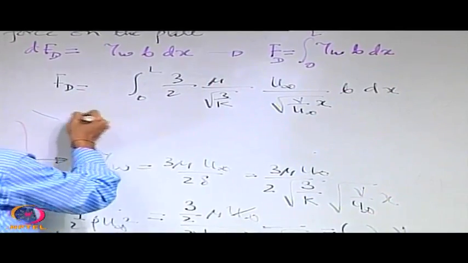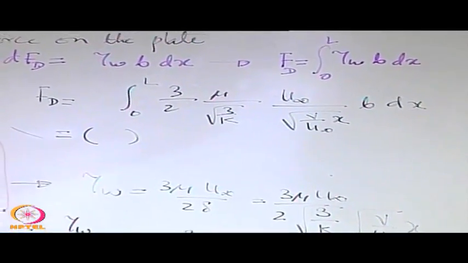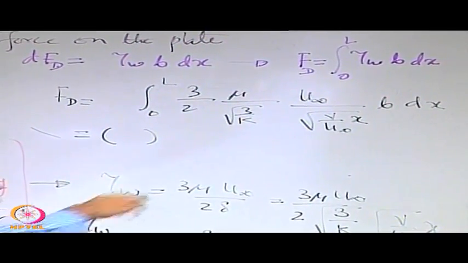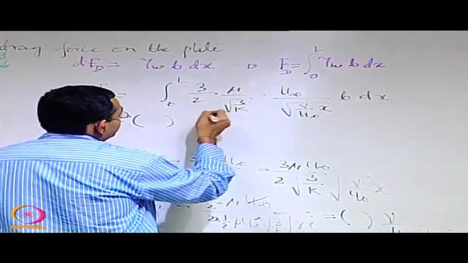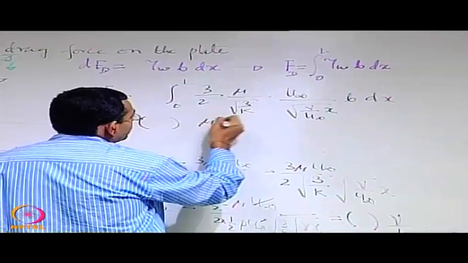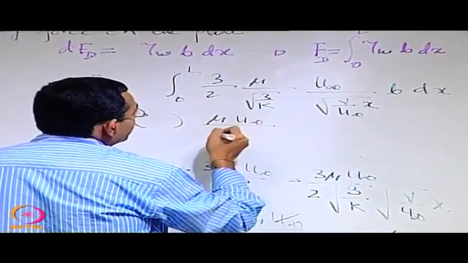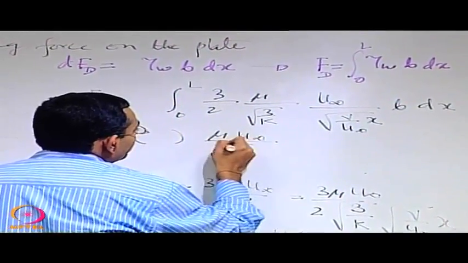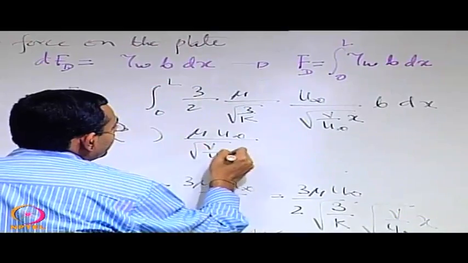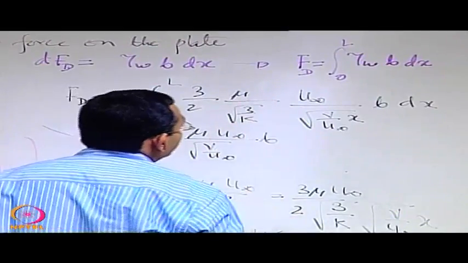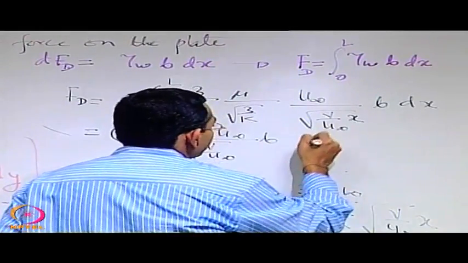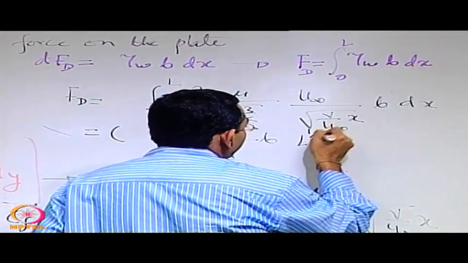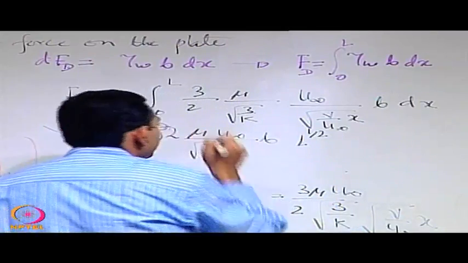Again, there will be some number based on the value of k, then mu u infinity divided by square root of nu by u infinity times B, then just the integral of x to the power minus half dx. So it will become this one.